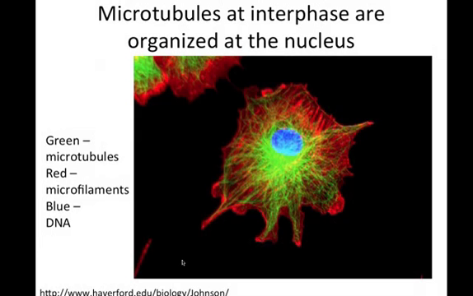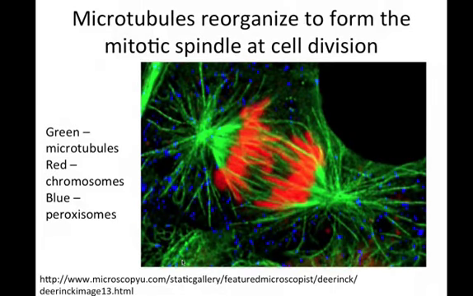Okay. So at interphase, microtubules are organized at the nucleus. They're coming right out of one central location. And then they're going to reorganize to form the mitotic spindle at cell division.